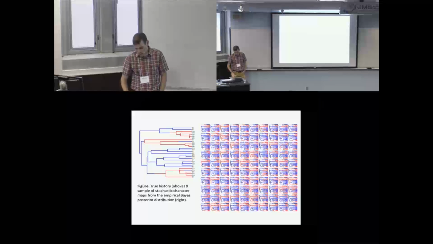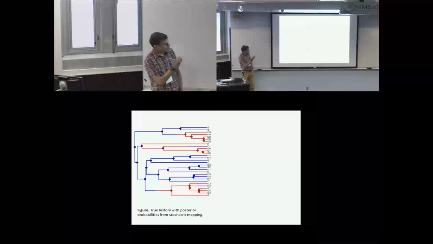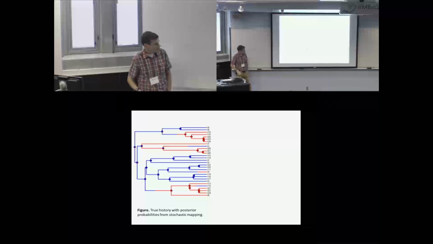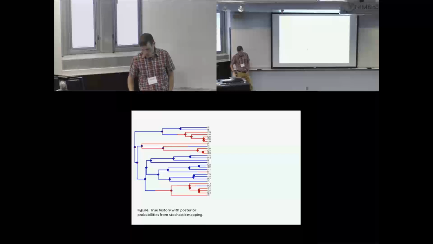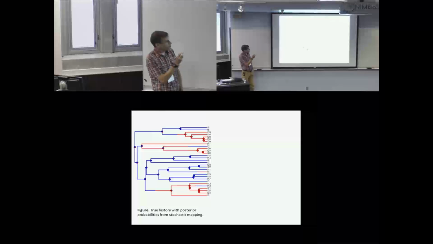One advantage of this approach is that it can give us measures of uncertainty once again. Here is the true history, in fact, but it could equally well be one stochastic mapping, and also the posterior probabilities from stochastic mapping shown at nodes of the tree. This is just the frequency with which each node in each stochastically mapped tree was in each state.